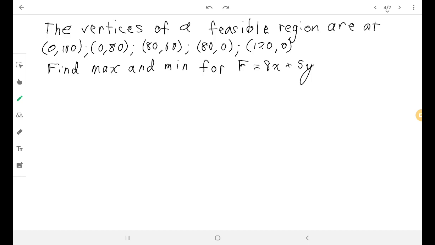what you have to do is test each one of these and see which one comes up with the most. And there are some things you can do to narrow this down. For example, I see the 8 here, and so between these two, certainly this one will be bigger than this one.